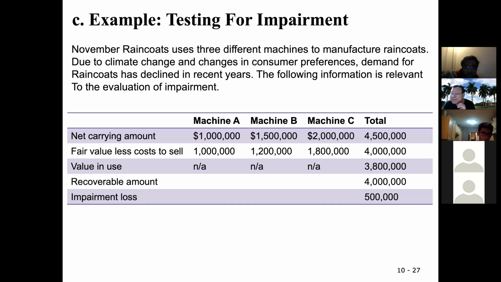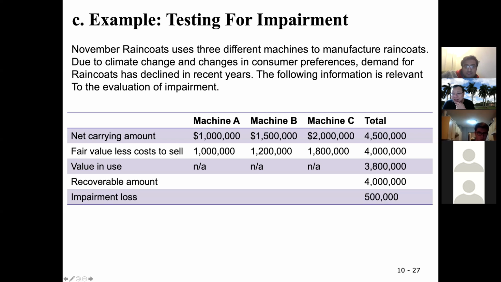If you take machine A alone, the value in use is not applicable, because there are no cash flows generated independently of B and C. So all 3 would be the smallest.